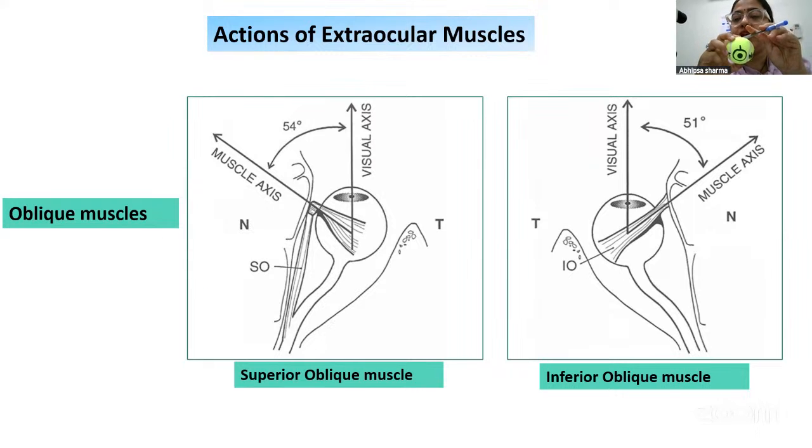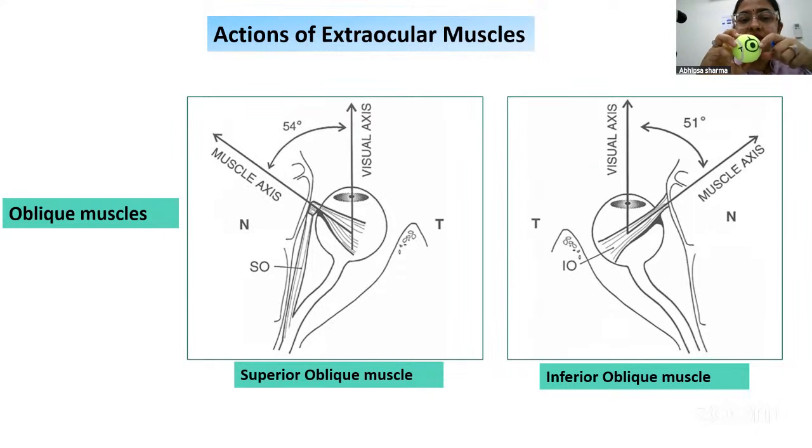So when the superior oblique muscle contracts, it is going to cause an incycloduction. And again, the inferior oblique muscle, which is again coming from the anterior medial part and attaching at the posterior part, is going to cause an excycloduction of the eye.